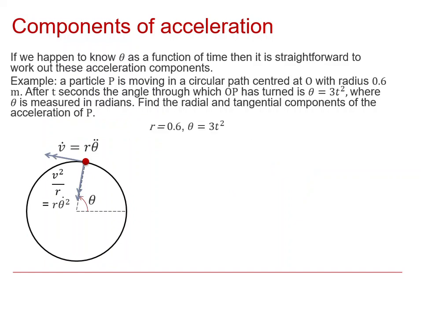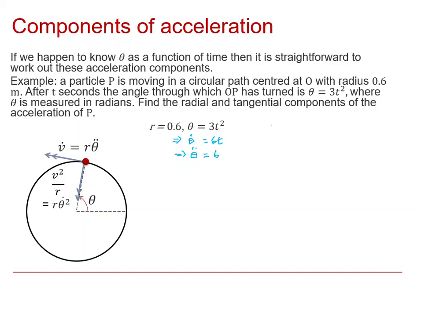Well, there's the information gleaned from the question that we need to know. So from this we can deduce that theta dot is equal to 6t, and theta double dot, the angular acceleration, is equal to 6.